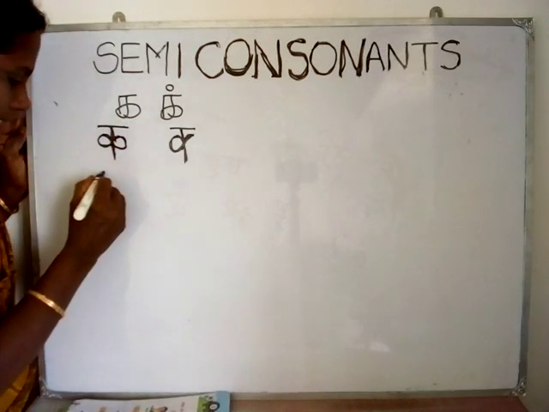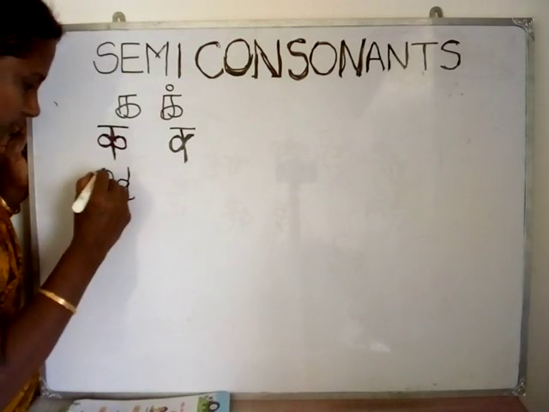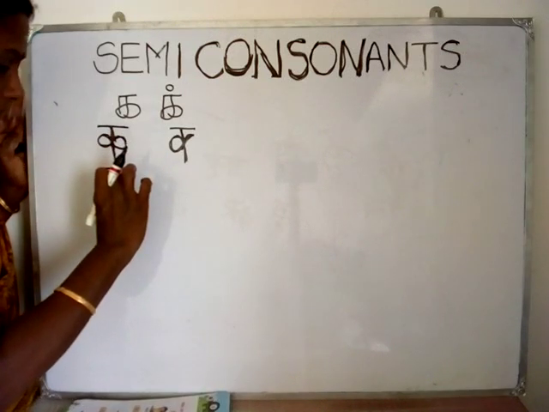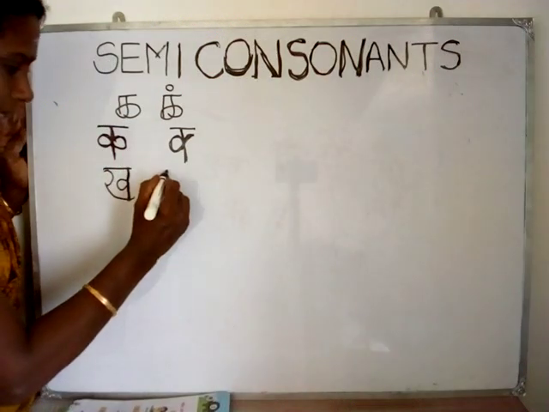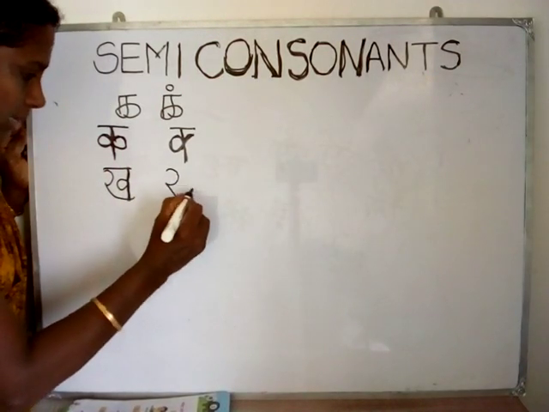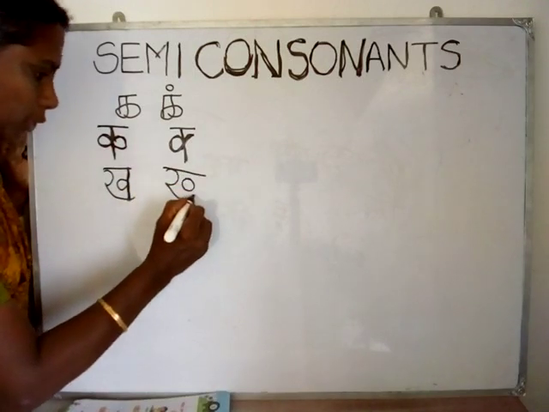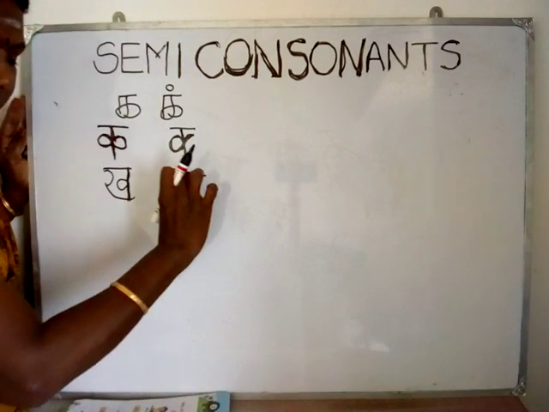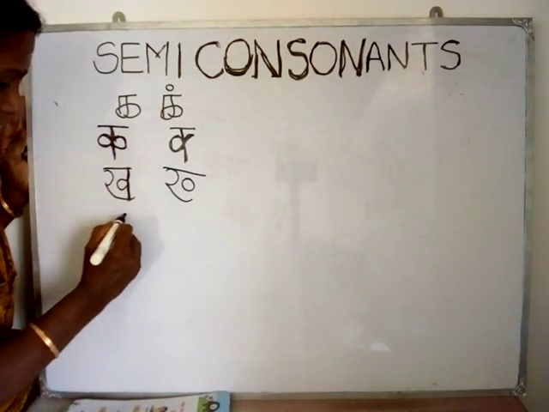Then second ka. See here, this is ka. Here we have to remove this line, the full line. Listen here. You have to remove this line. If you remove this line, this is ka, this is ka, like that.